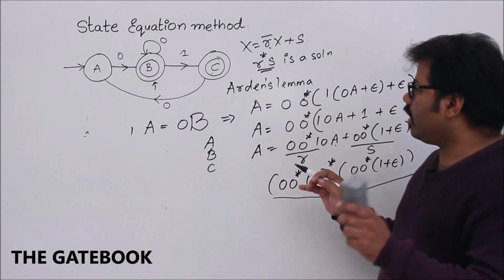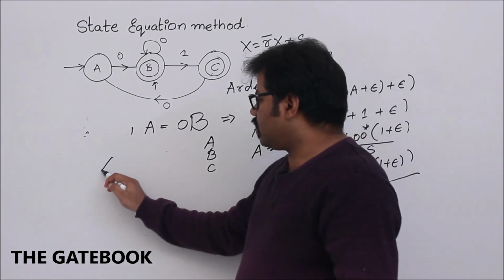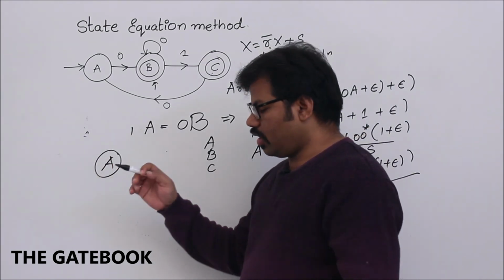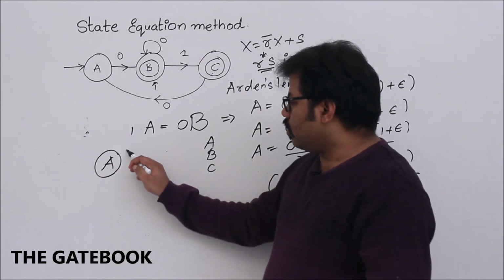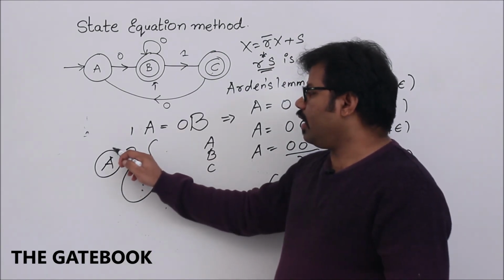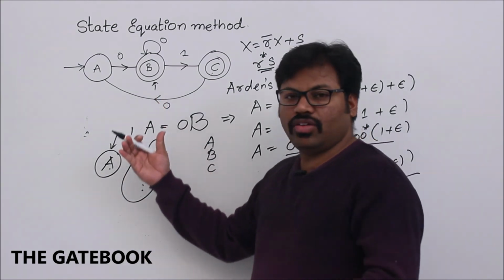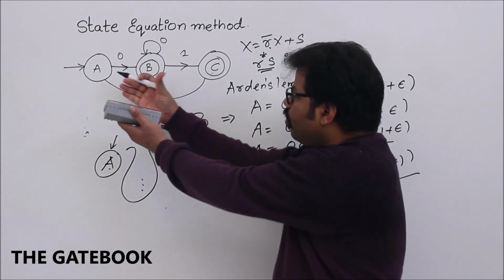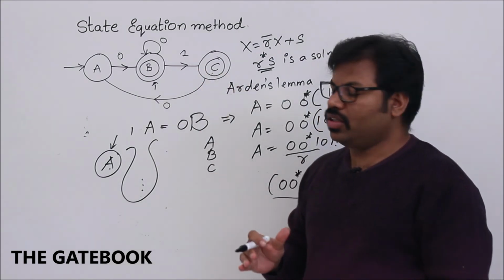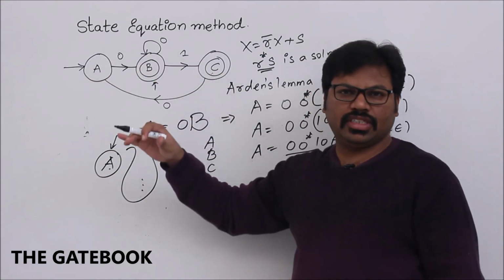Among them, what is the regular expression for our finite automata? Just focus on the start state's regular expression. The start state's description is the collection of strings which eventually lead us to some final state when we start at a. That is what is represented by this finite automata. You tell me what strings are accepted by this machine.